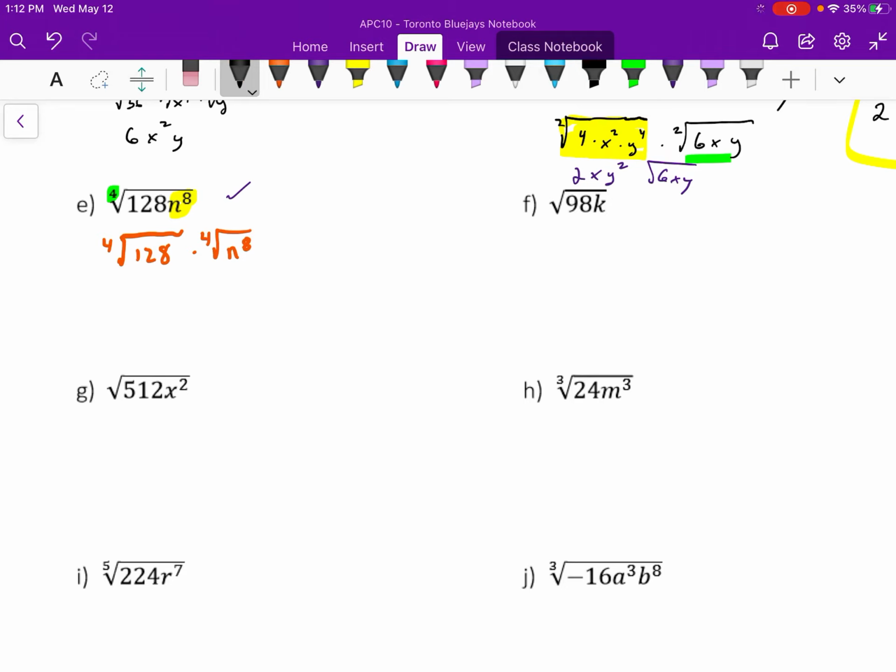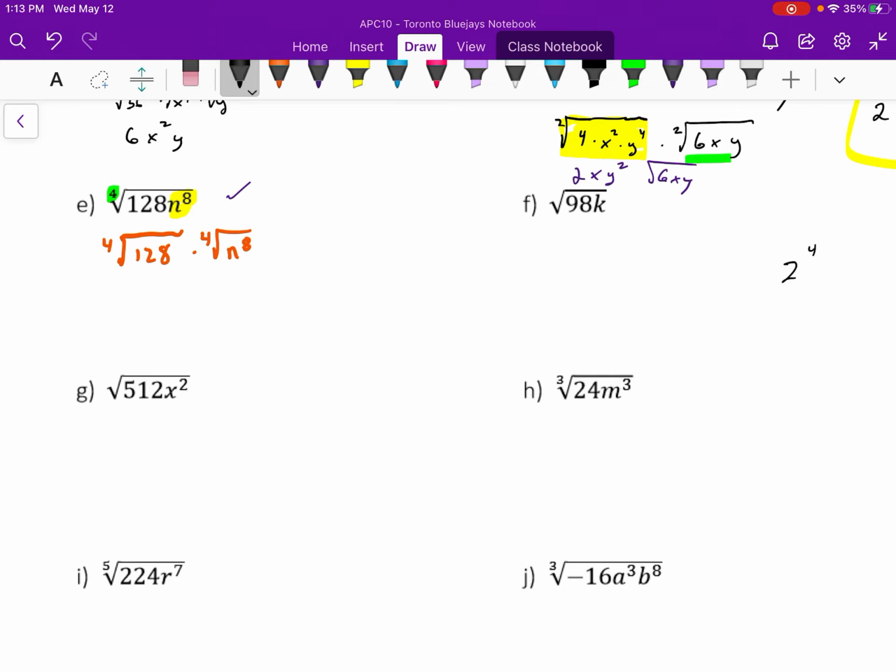Now, what is the 4th root? How can I break this down? This is quite hard. So I'm going to say 2.